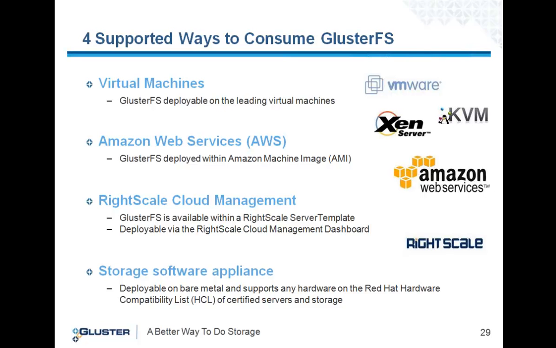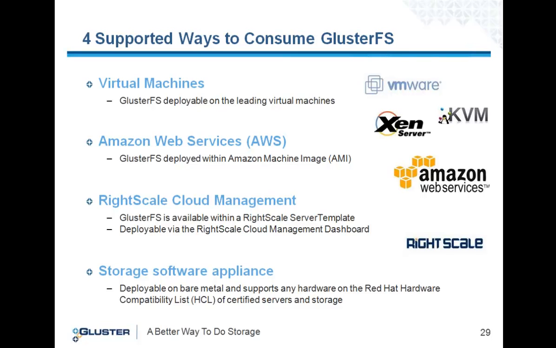So today we have 4 supported ways to consume GlusterFS, and that's through virtual machines. You can deploy on VMware, Xen, and KVM, and you can purchase this instantiation of Gluster from our website.